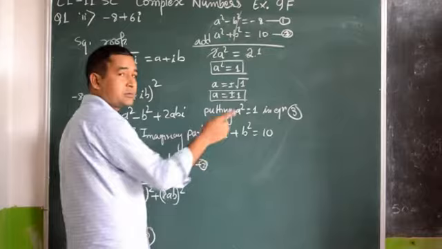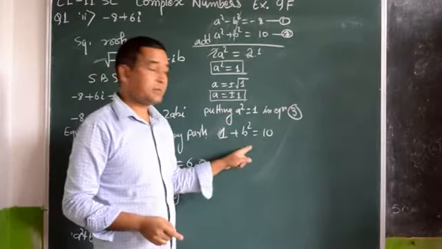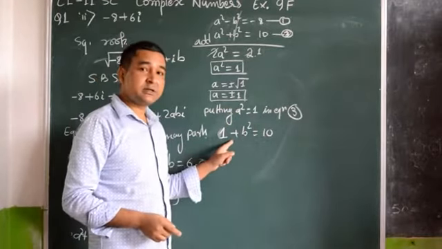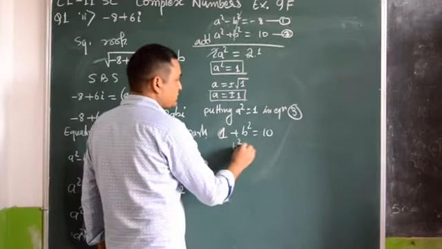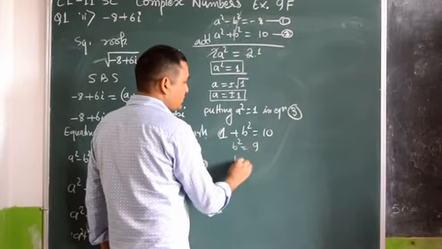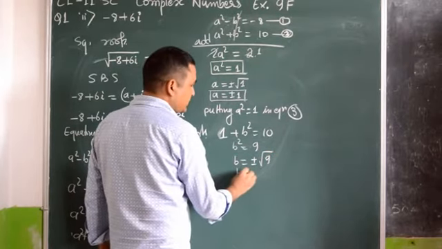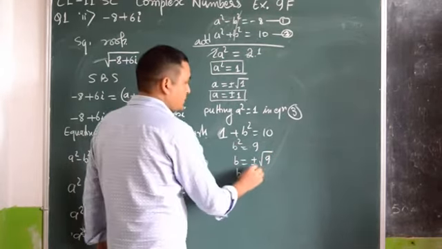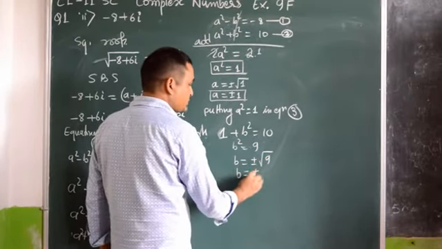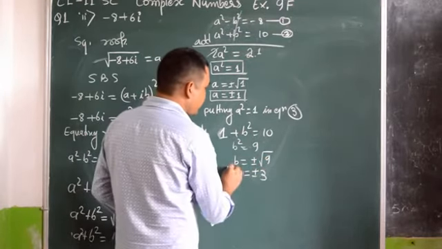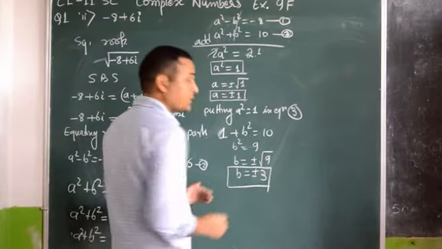Now take this one towards the right to get the value of b. 10 minus 1 is 9. That means b square equals 9, or b equals plus minus under root 9. That means b equals 3. Now we got the values of a and b.